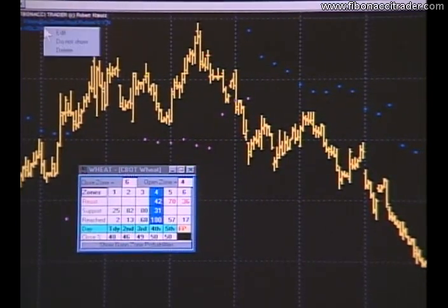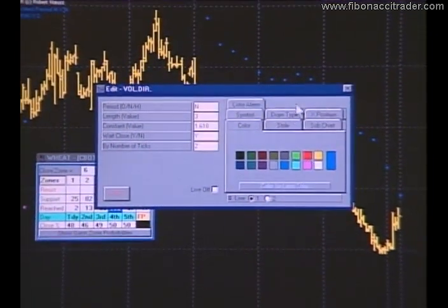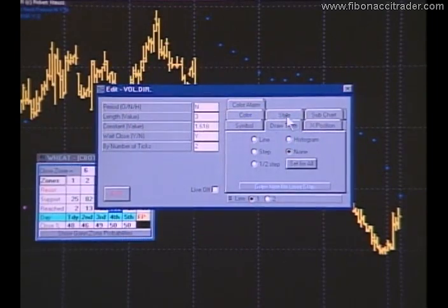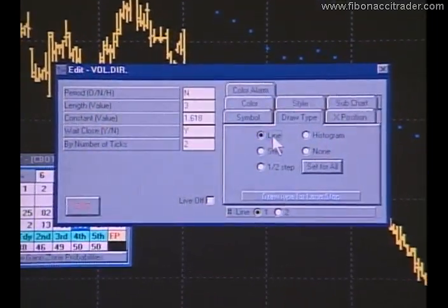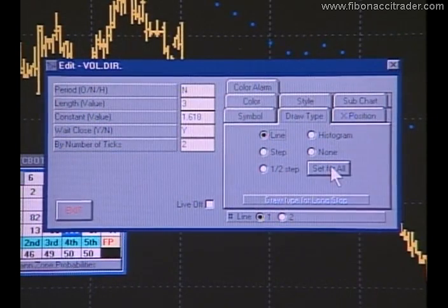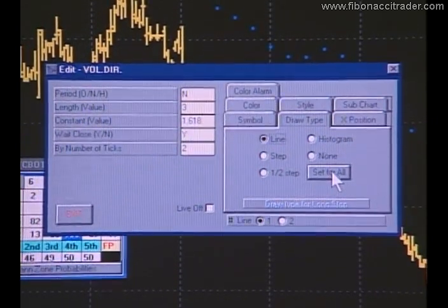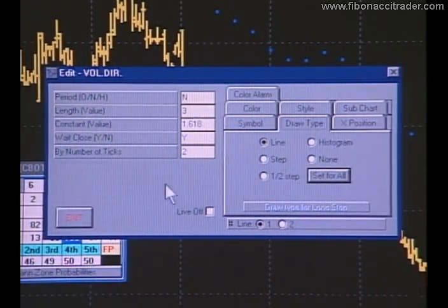The only thing that you have to add, and you can just edit it on screen, is draw type. And at the moment it says none. You click on line, so you want line formation. And you can say set for all. That means you don't have to define it for any of the other lines. You have 2, 10, 20 lines on screen. Set for all does the lot.